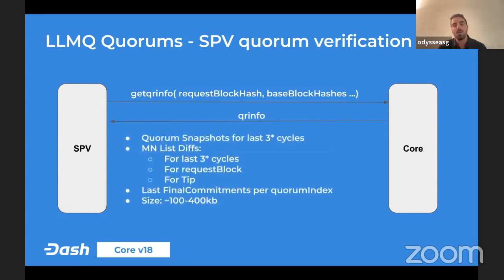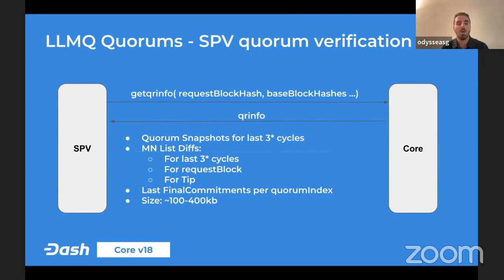Quorum snapshots for the last 3 cycles, so that the SPV client can calculate on its side the new shares. I am using 3 here, but it can be more than 3, because I'm reminding you of the case where we have failed DKG sessions. So imagine a scenario where a particular quorum index is not renewed for a long time.